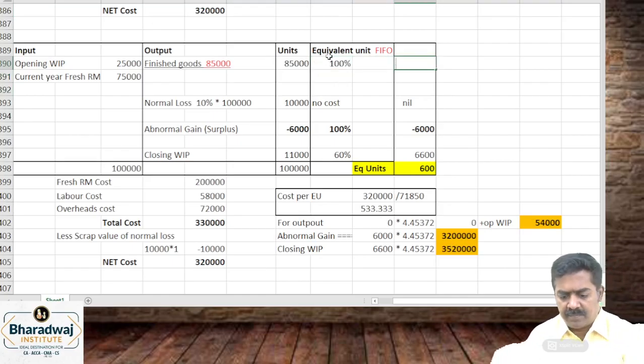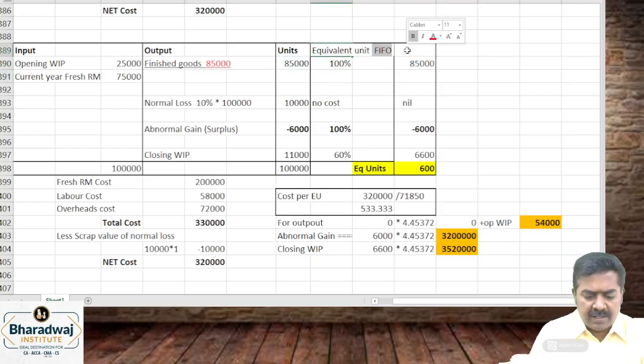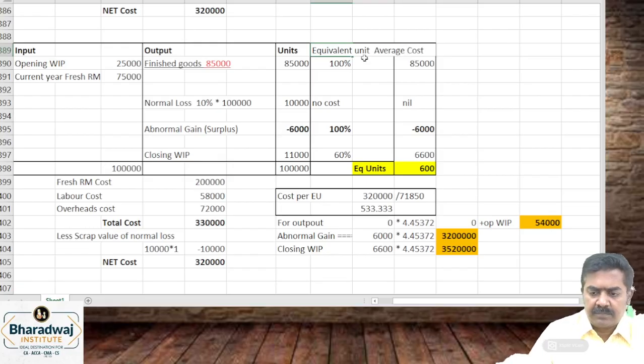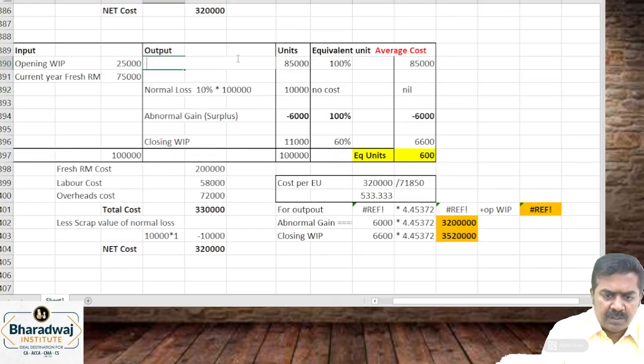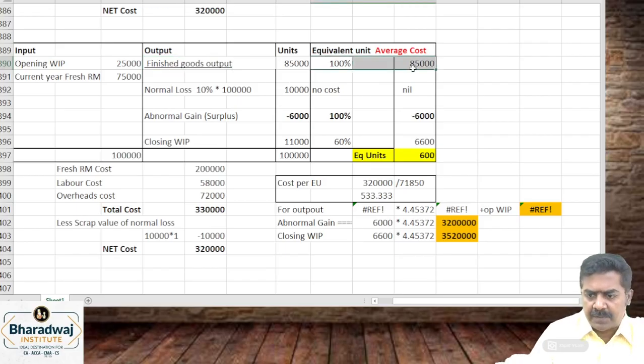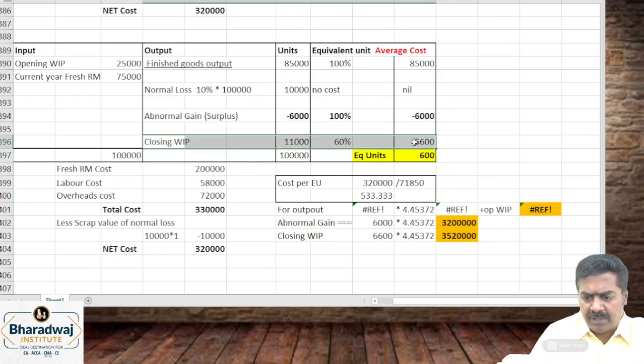That's it. This is called as average cost method, where we take total completion, 85,000 units, 100% complete. We don't classify like FIFO method. Finished goods, that is output transfer to next process, 100% complete. Normal loss as usual, abnormal gain as usual, closing WIP as usual.